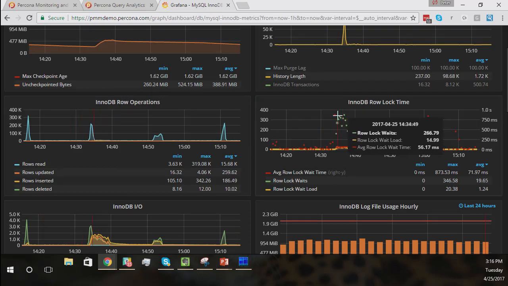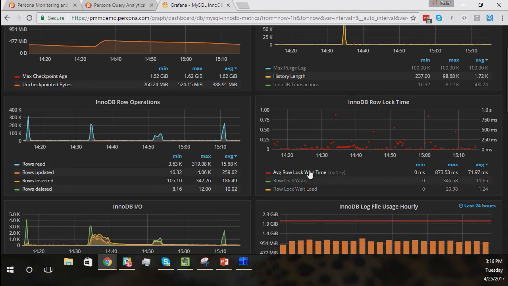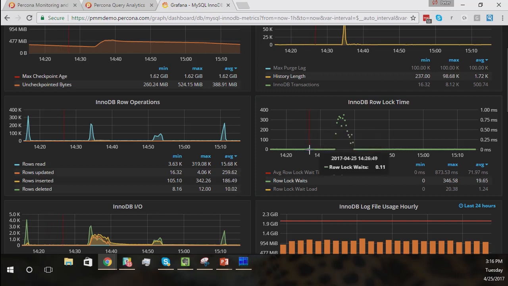We can look at row locks, and this is also very interesting, where you can look at different measures. The average lock time is one helpful measure. We can look at how many row lock waits are happening, and you can see in this workload I have almost no row lock waits. That doesn't mean my workload didn't lock any rows, it just means there was no conflict.